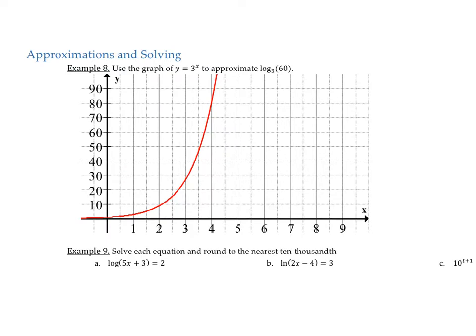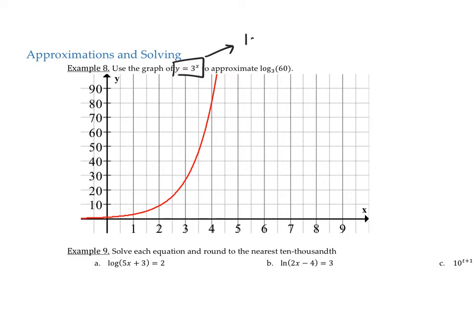So in example 8, we are supposed to use the graph of 3 to the x to approximate the log base 3 of 60. It's a little bit weird because they haven't given us the graph of the logarithm, they've given us the graph of 3 to the x. So I want to rewrite this in logarithmic form.